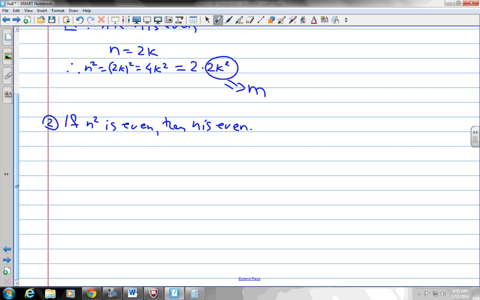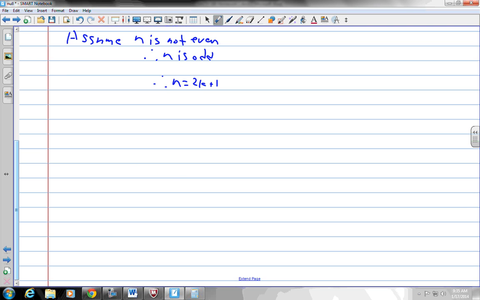It's going to be very fast. Assume that n is not even. Therefore, n is odd, right? Therefore, n equals 2k plus 1, right? Remember the odd numbers are 2k plus 1. So therefore, n squared equals 2k plus 1 squared, which is 4k squared plus 4k plus 1. Right? That's how you square a sum.